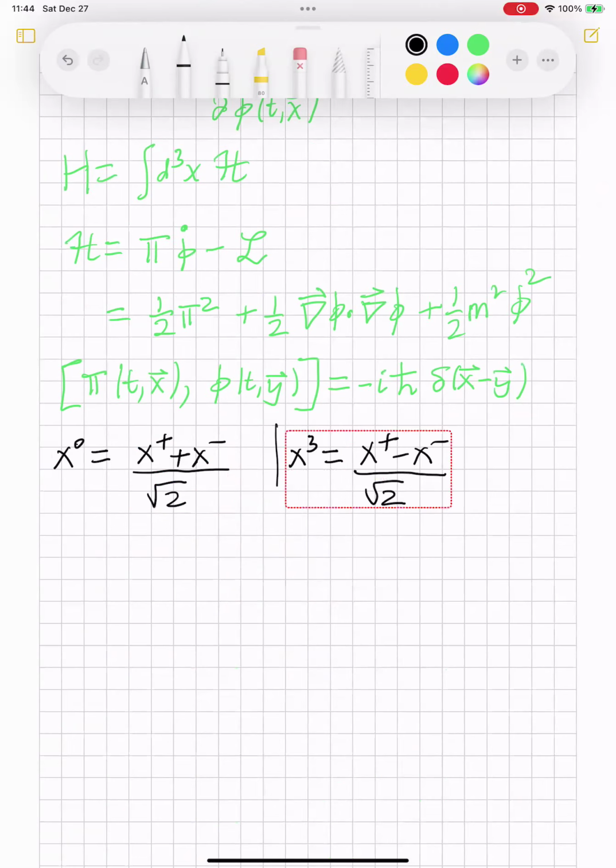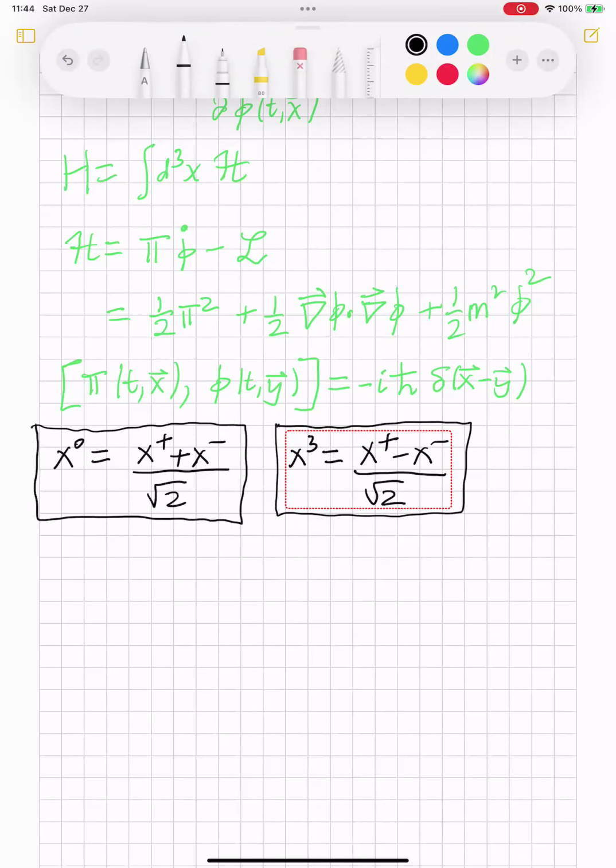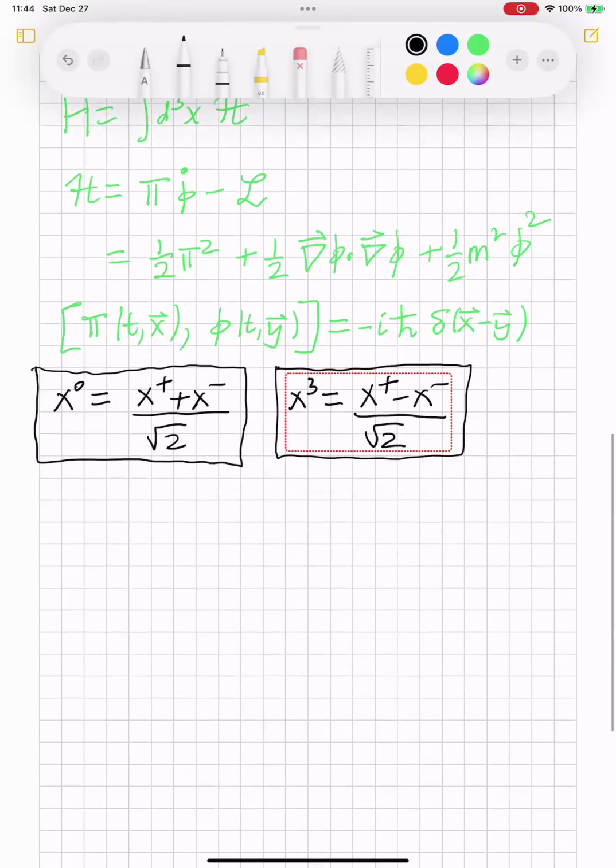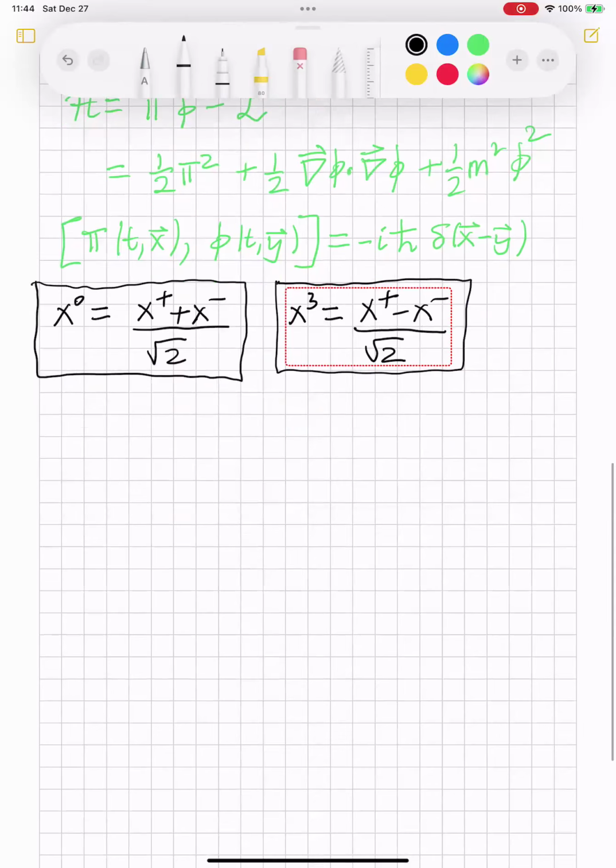Good. So we know how to define the light cone coordinates in terms of the normal coordinates, and we know how to write the normal coordinates in terms of the light cone coordinates. So now let's look at derivatives. If we take d by dx plus, as usual, we're going to use the chain rule.